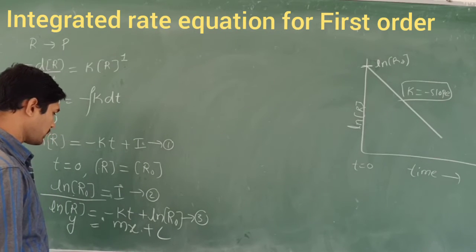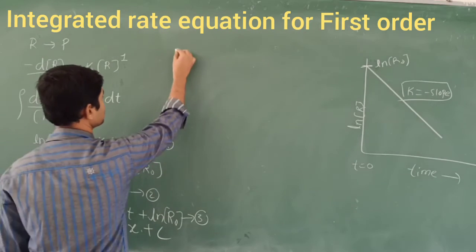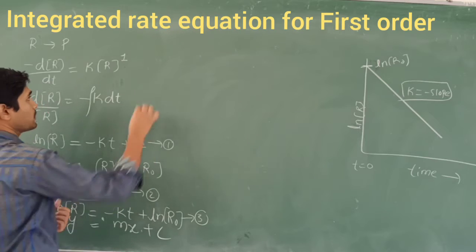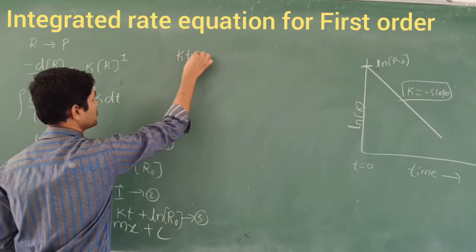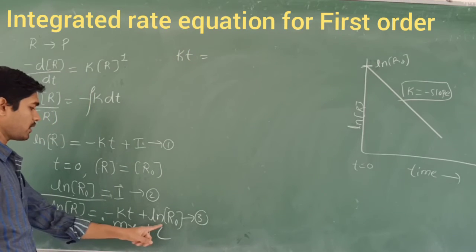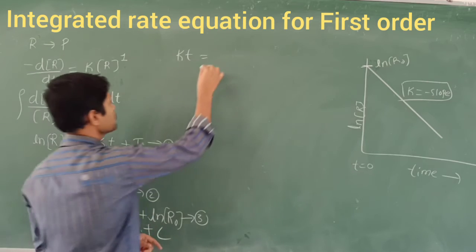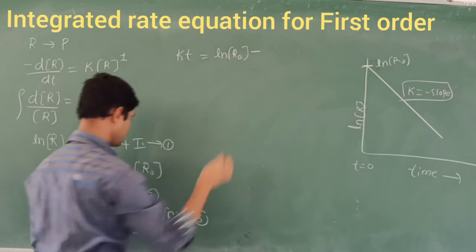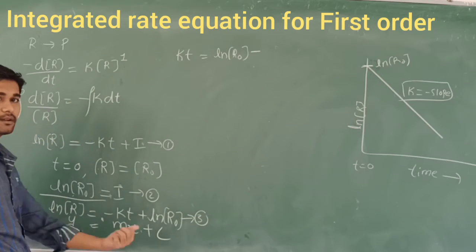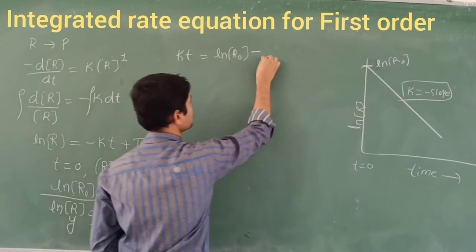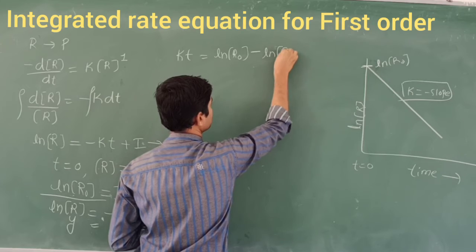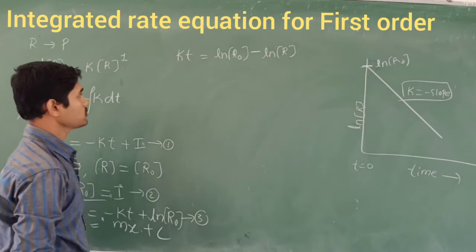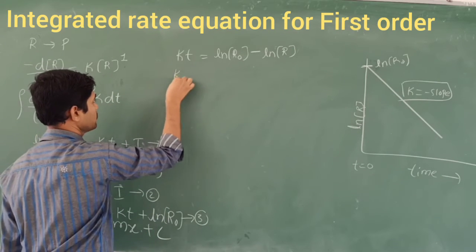Now we are going to rearrange this term. This minus Kt comes to the left side, so that becomes positive Kt. Then this positive term we keep as it is, that is ln R naught minus, and this comes from positive to negative, that is ln R. Now I am going to simplify this equation once again.